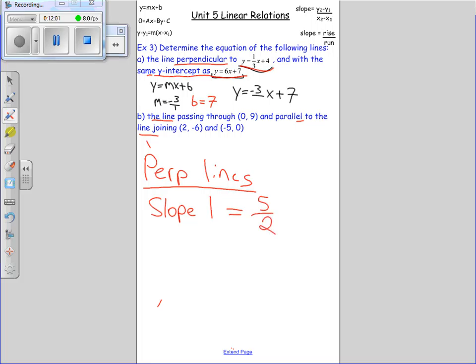The slope of a line that's perpendicular to it is the negative reciprocal. That means reciprocal means you flip the bottoms and the tops. So this 2 goes on top. That 5 goes on the bottom. But it's the negative reciprocal, so the negative means you add a negative.